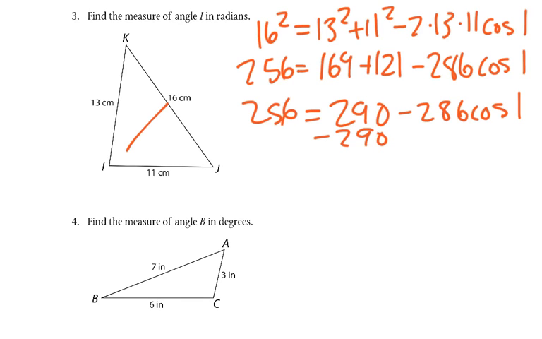Subtract 290. We get negative 34 equals negative 286 cosine of I.